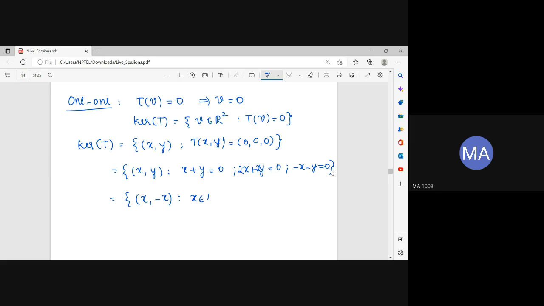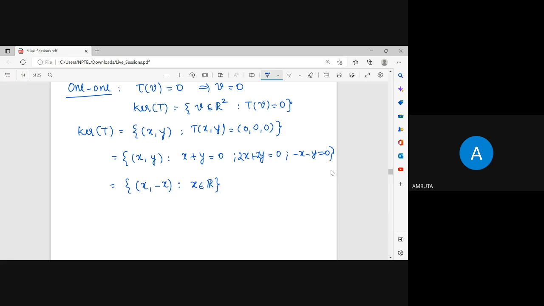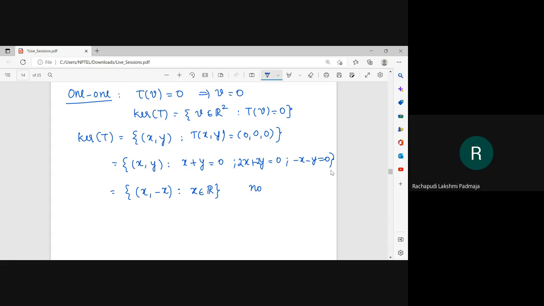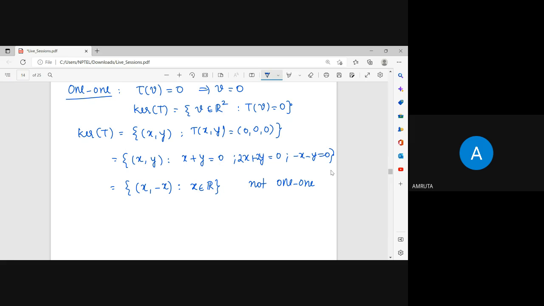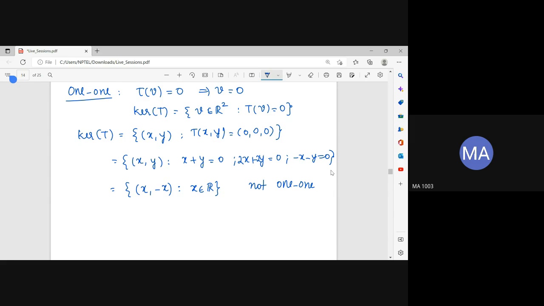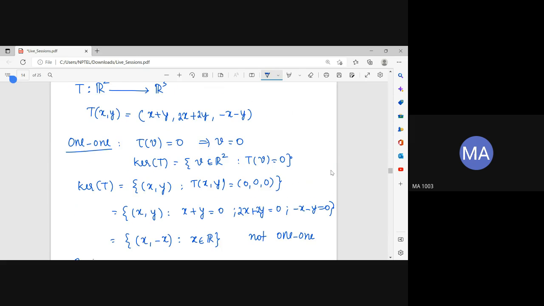Agree? Yes. So is this map 1 to 1? No, ma'am. Why not? Because if we put the value (1, 1), it will map to (1, minus 1). What is T of (1, 1)?